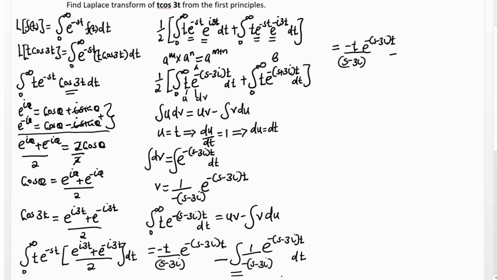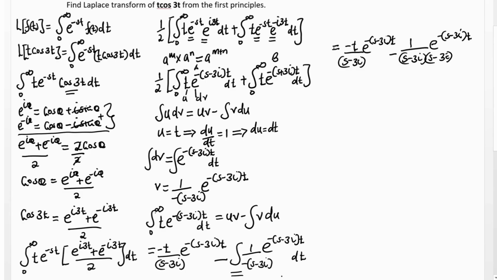Then the negative signs cancel, so we remain with 1 all over s minus 3i into s minus 3i, e raised to s minus 3i into t. So that's our overall answer to part A.